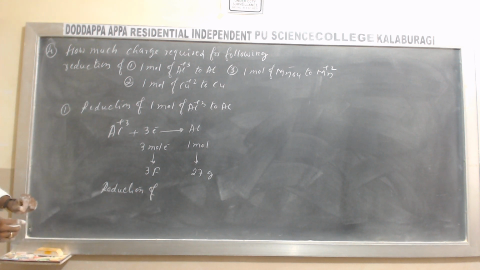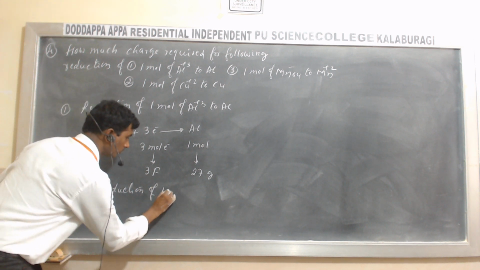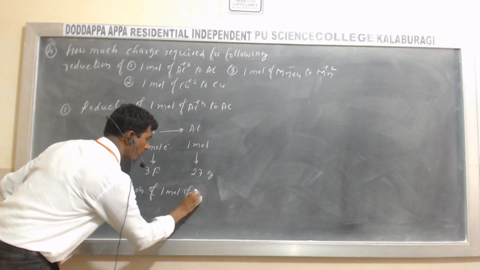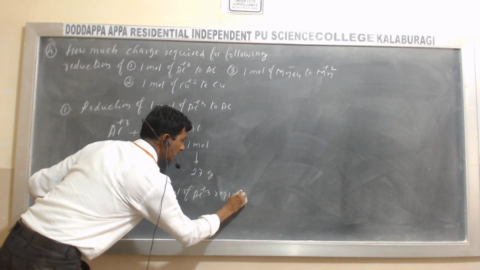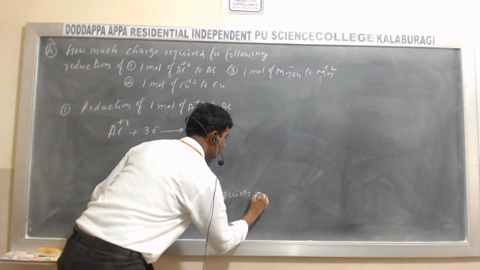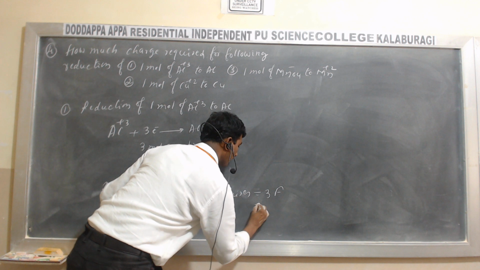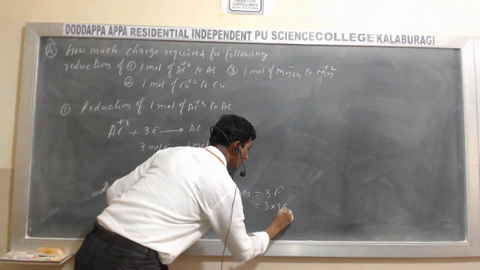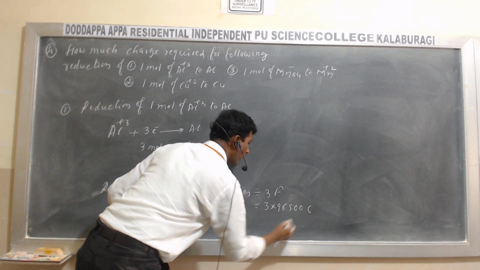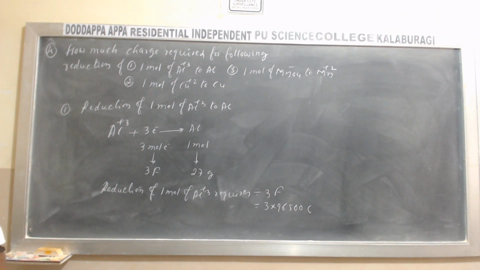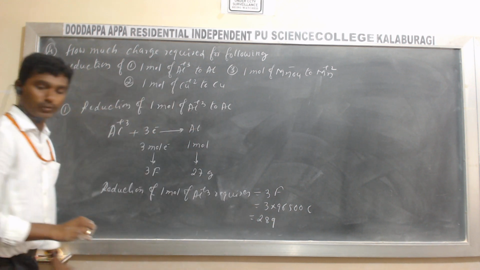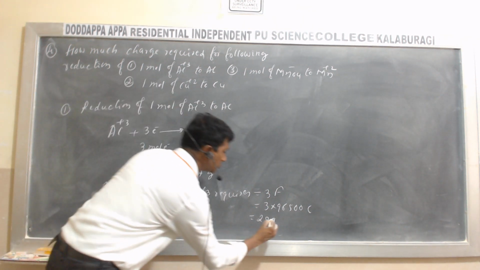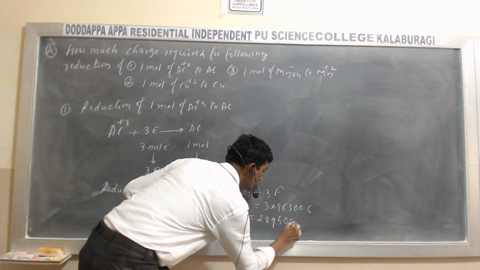The reduction of 1 mole of Al3+ requires 3 Faraday. 3 Faraday means 3 into 96,500 coulomb, which is 289,500 coulomb.